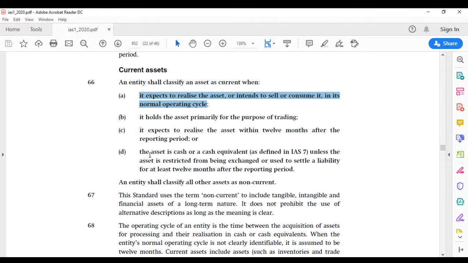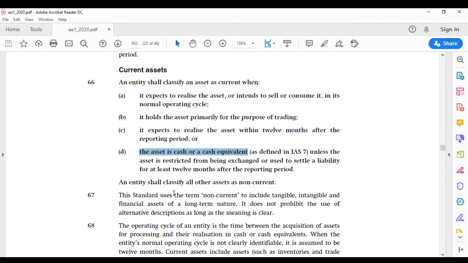Okay, and then the last one, number D: an entity shall classify an asset as current when the asset is cash or a cash equivalent. That is the general rule, and we'll see there's one exception that we alluded to a little earlier.